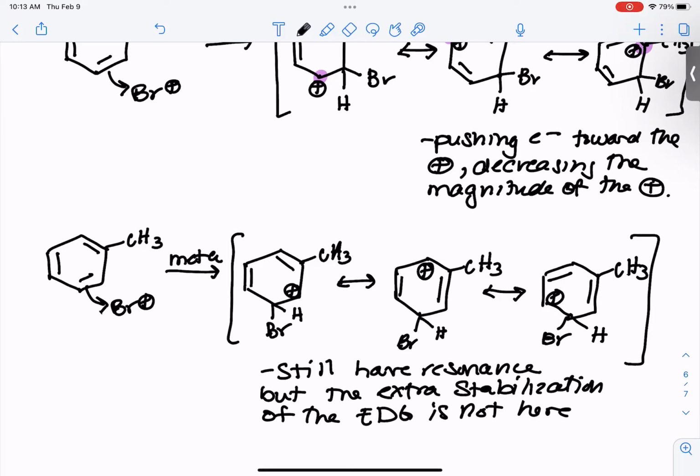And again, understand this pushing, that's that inductive effect. And if you recall from our discussion of the inductive effect, it's distance dependent.